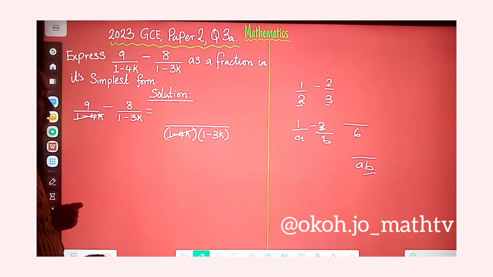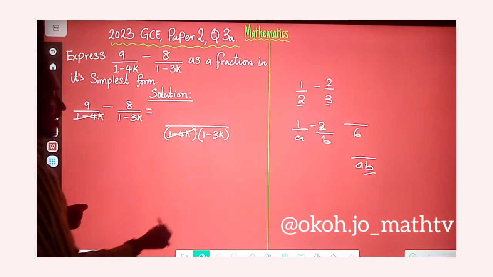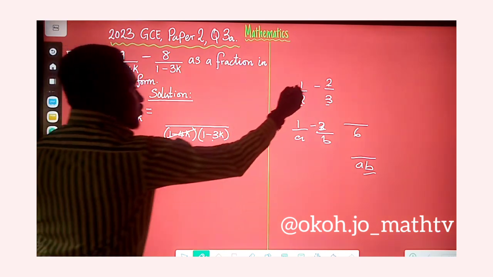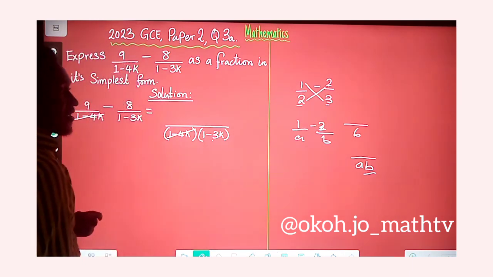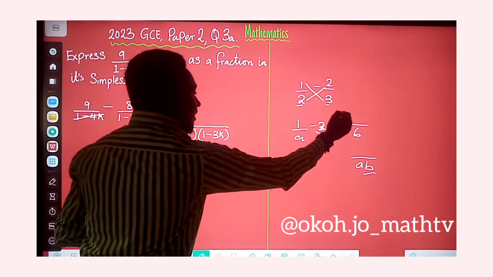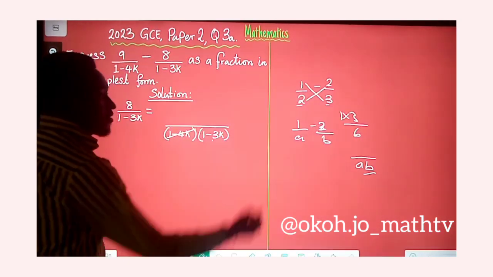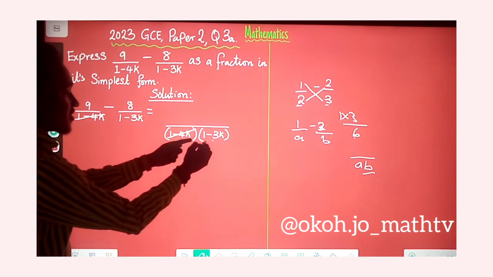At that point, we are left with only 1 minus 3k, and this 1 minus 3k is to multiply this 9. It is like you're doing cross multiplication. 1 minus 4k will go into this and 1 minus 3k will be left.